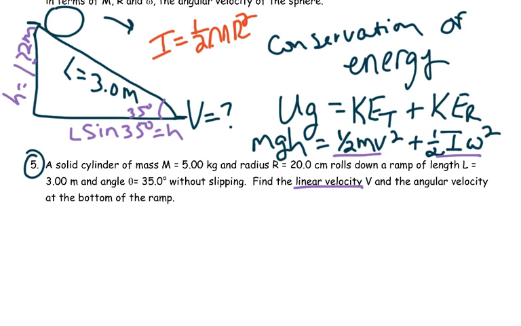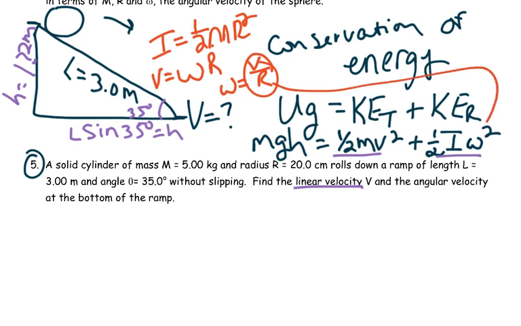All right. How do I get an angular velocity into a linear velocity? So linear velocity is equal to angular velocity times what? Radius. Okay, so that means angular velocity is the linear velocity divided by the radius. All right, so now I'm going to take this expression for the angular velocity and plug it in there, and this expression for the rotational inertia.